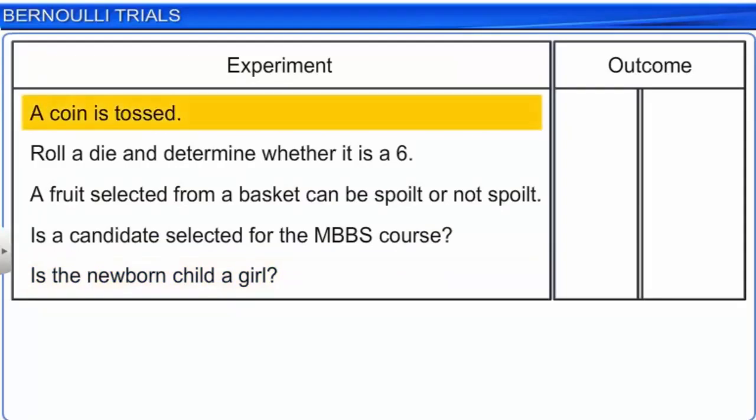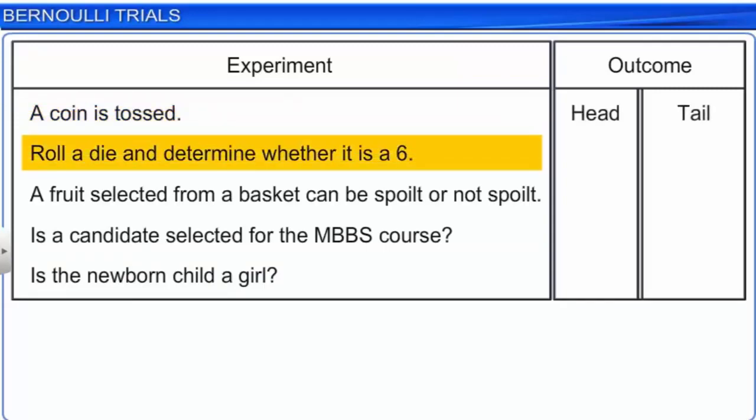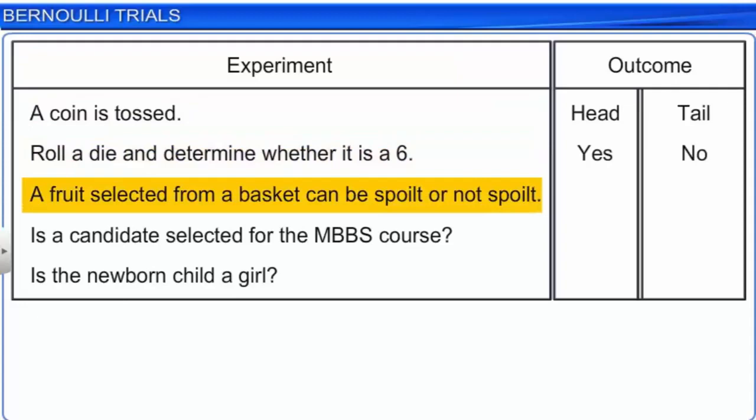In the first experiment, the output can be either a head or a tail. When a die is rolled, getting a 6 can be either yes or no. In a fruit basket, the selected fruit can be either a spoiled one or a good one.